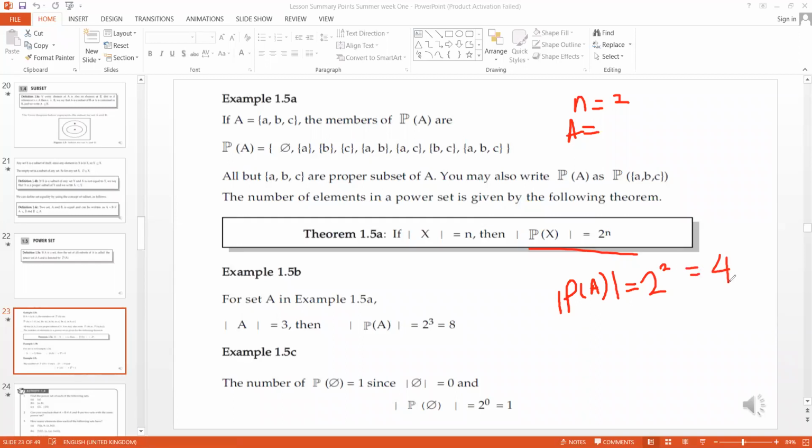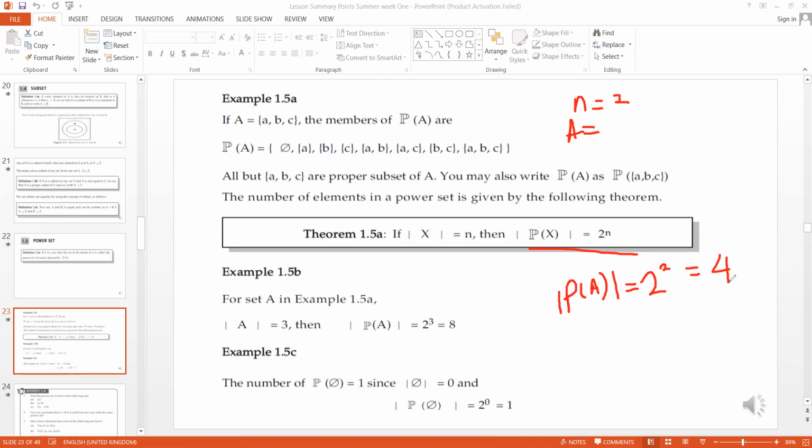So it means 4 subsets in the power set. And indeed, it was true. We had the empty set, the set containing the element 1, the set containing the element 2, and then the set containing the elements 1 and 2. That makes it 4 subsets in the power set of A.